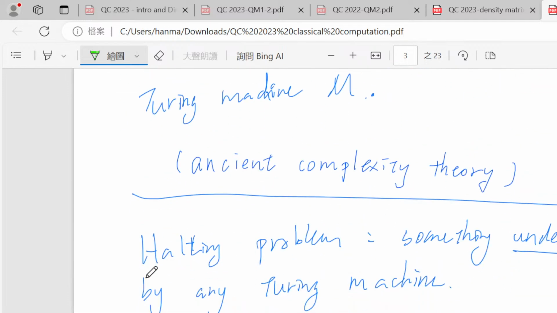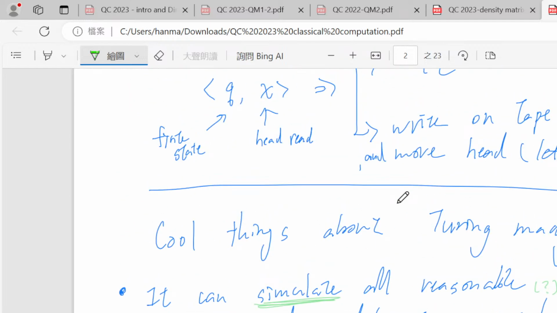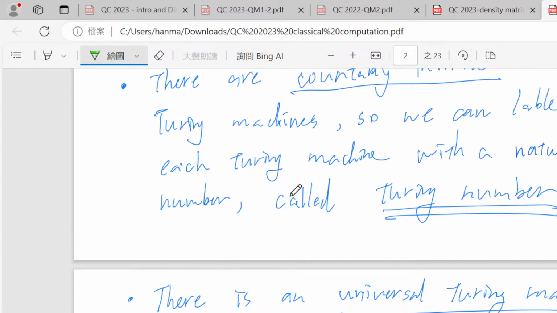And then let's talk about some initial complexity theory. So people found out the Turing machine can do really a lot of computation. So as we say here, all the reasonable computation you want to do, you can do it on a Turing machine, like sorting and adding numbers, multiplying numbers, and even running Microsoft Windows, you can write it in a Turing machine.